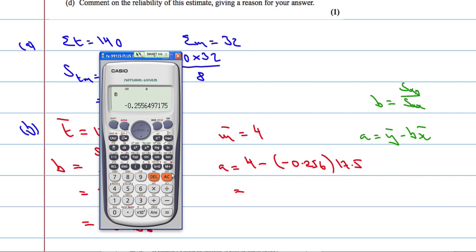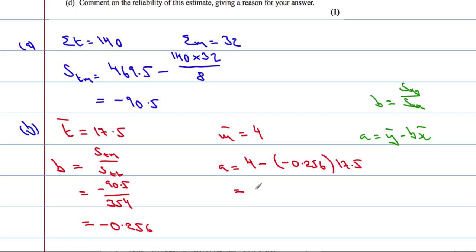In fact, what we can do is we can get the calculator to do all the hard work again. So I want to do 4 minus shift stat regression minus B, which is option 2, times x bar, which is 17.5. So we get 8.47 to 3 significant figures.